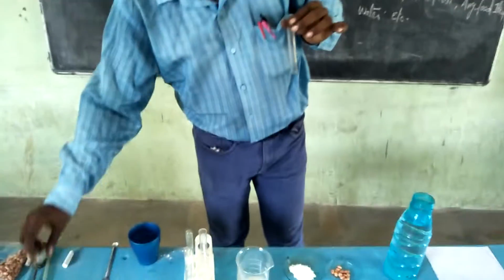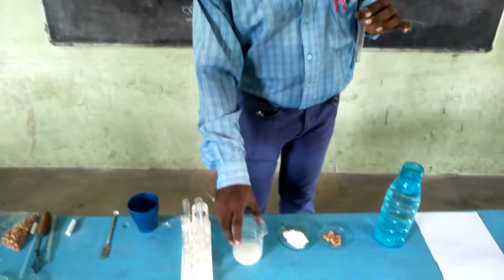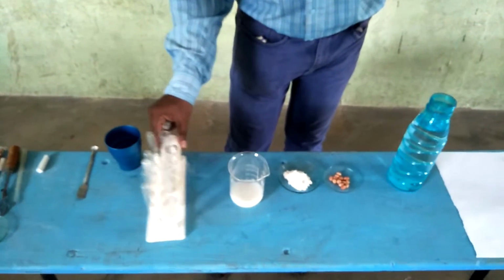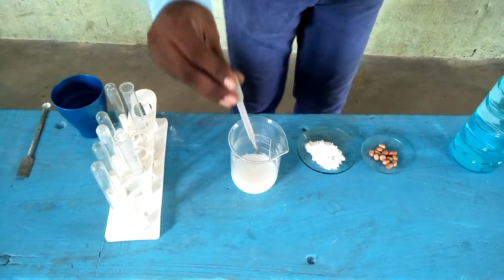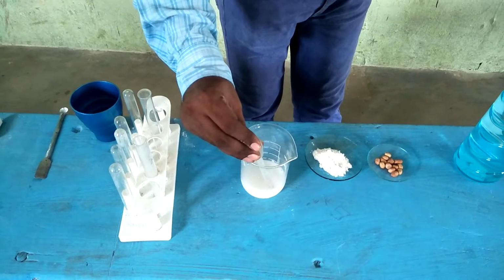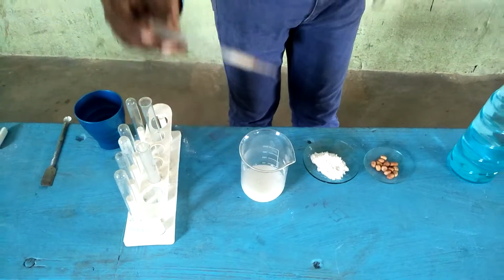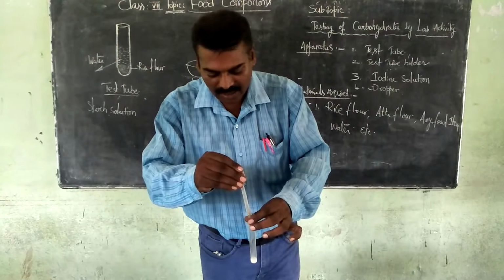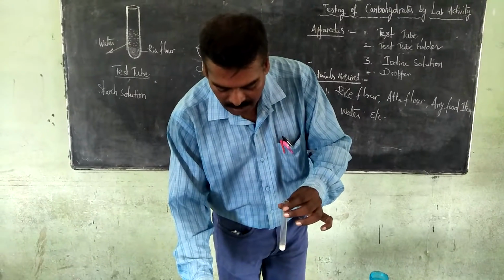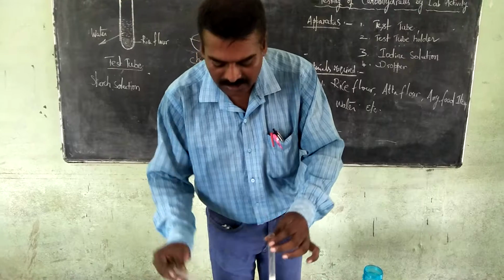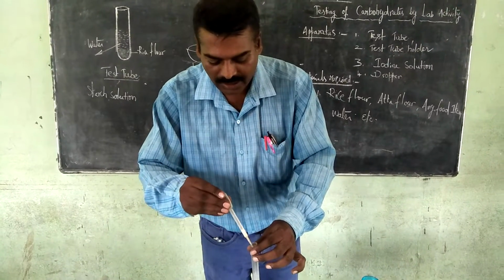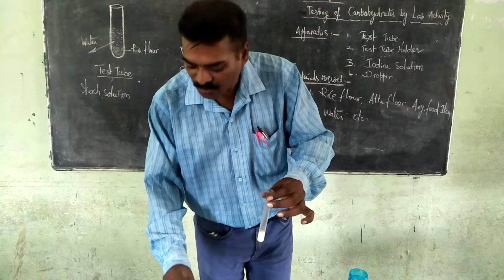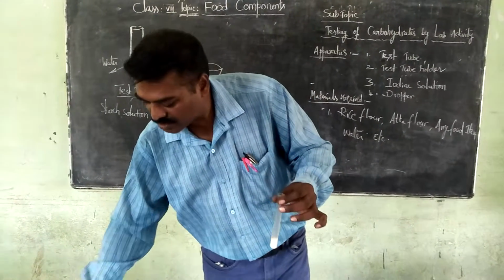Take the help of a dropper and take a few ml of the starch solution prepared just now. Put it drop by drop into the test tube. Again take some starch solution and slowly introduce it into the test tube. In this way, you can take as much as you want.